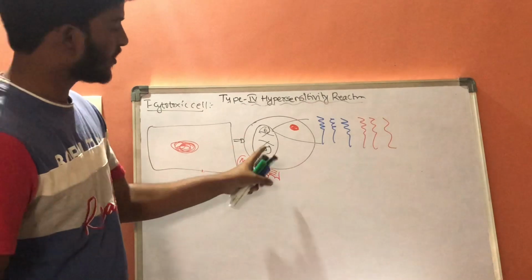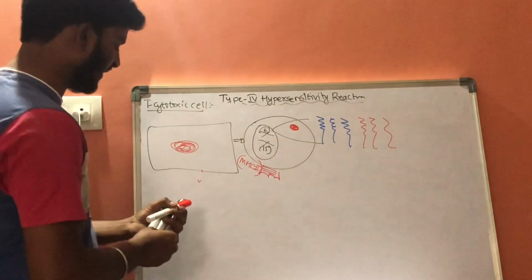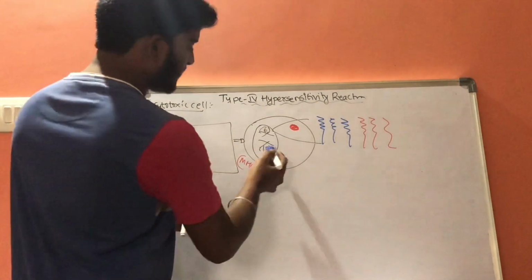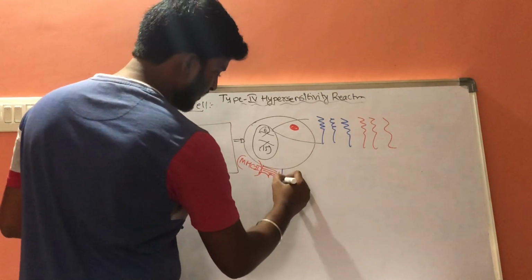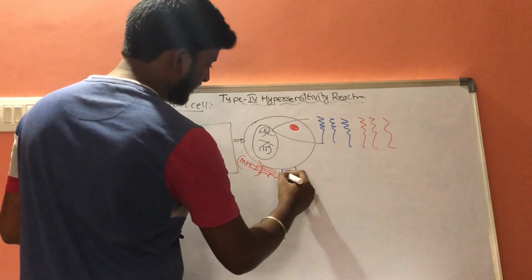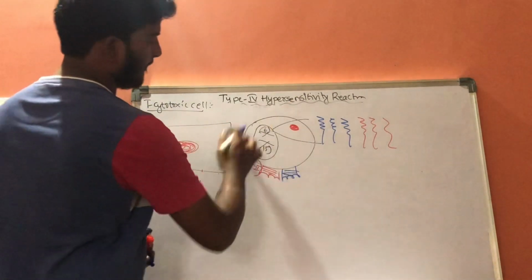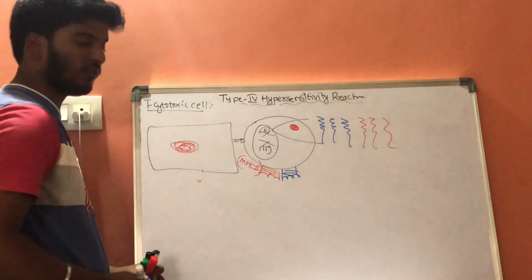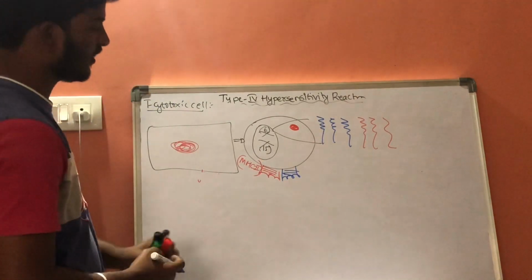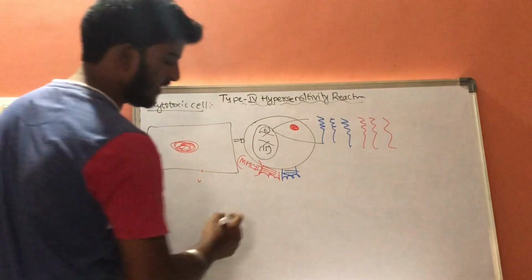Whenever chromosome number 15 is activated, it forms a special type of globulins on the surface of these macrophages. These special globulins are called beta 2 microglobulins.